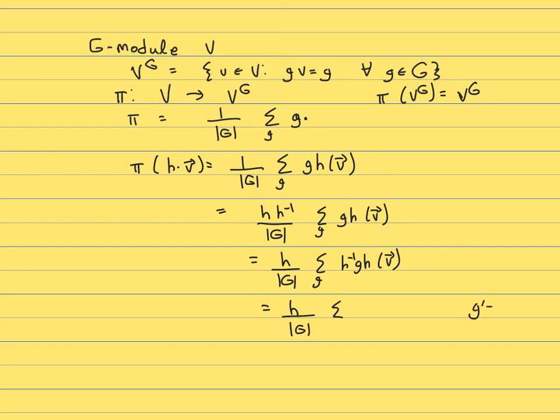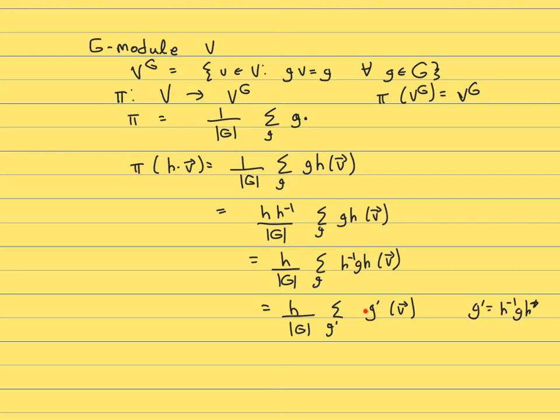Instead of looking at g, replace g with its conjugate. That's g prime now. Since you're summing over every group element here, it's still the same number of terms in the summation.